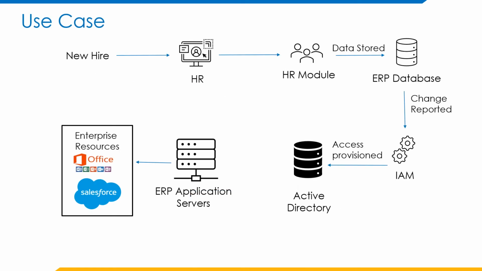For a better understanding of the complete process, we can assume a scenario. Suppose a new hire is introduced in an organization. The human resource department will fill in all the related information about that user into the HR module, which in turn will be stored in the ERP database.